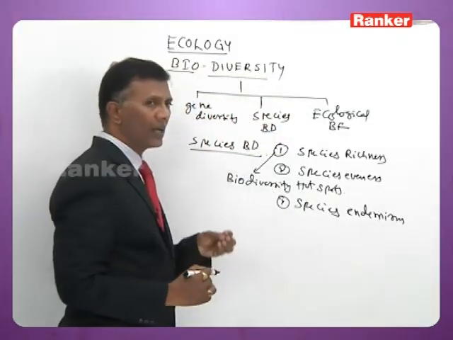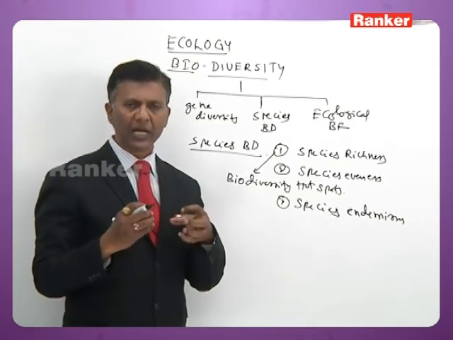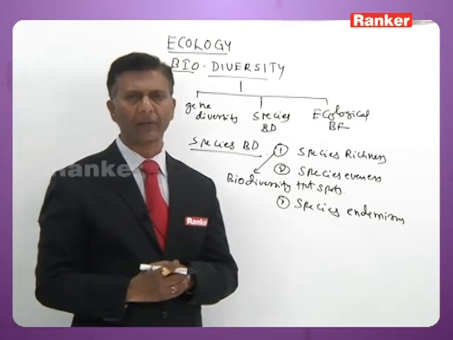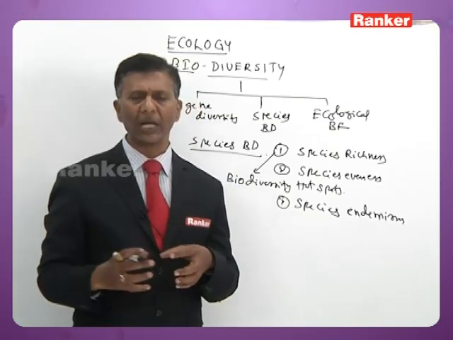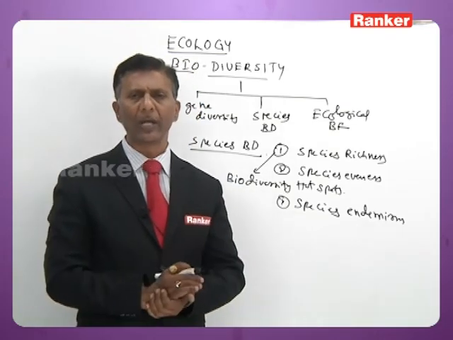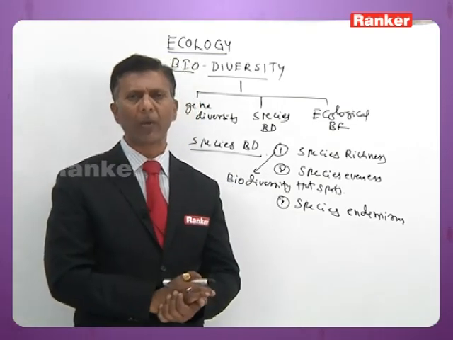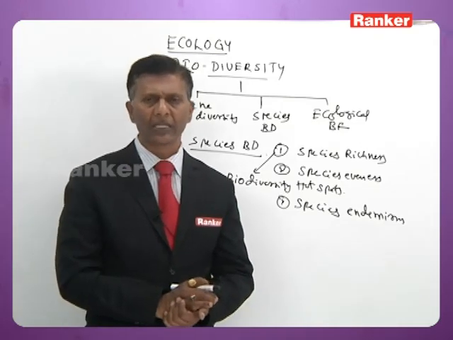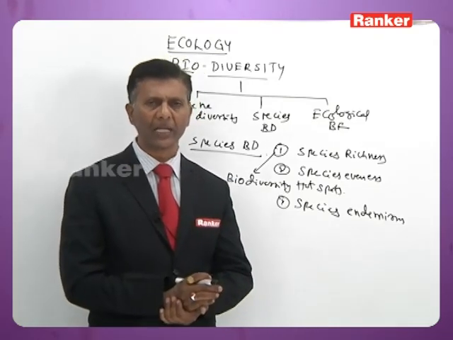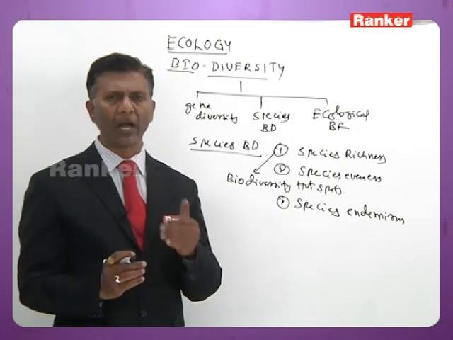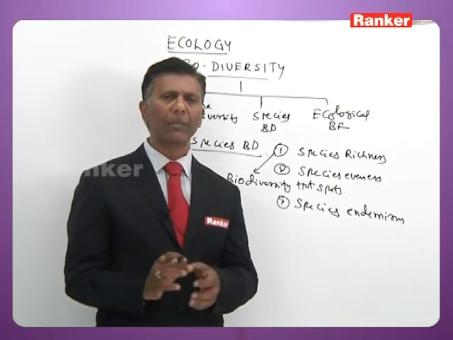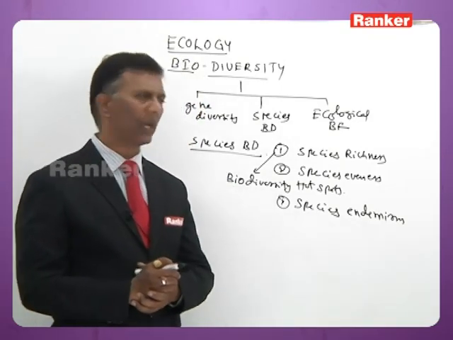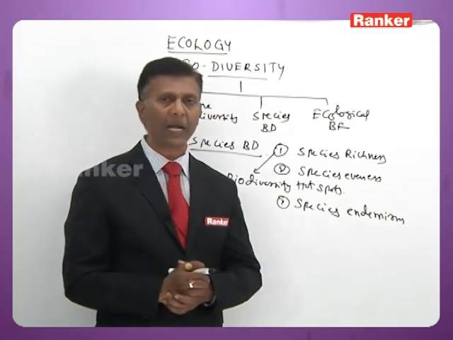It is the presence of a particular species being confined to a habitat. Certain organisms, instead of being present all over the world, instead of exhibiting cosmopolitan distribution, get confined to only certain areas. So if any animal or plant is restricted to only a particular habitat on the globe, that can be considered species endemism.